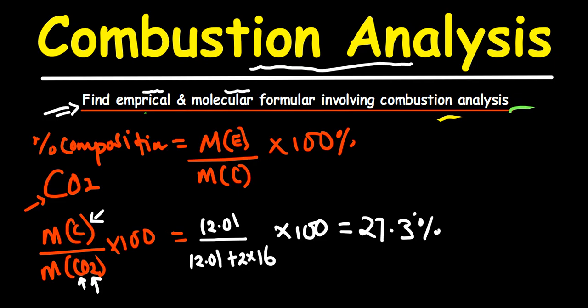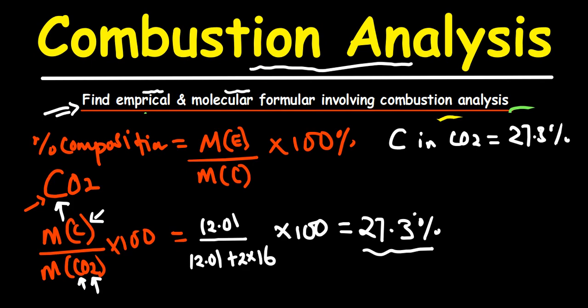Rounded off to 3 significant figures, 27.3%. So this 27.3% is the percentage composition of carbon in what? Carbon dioxide. So I'm going to write here carbon in carbon dioxide, we just have 27.3%.